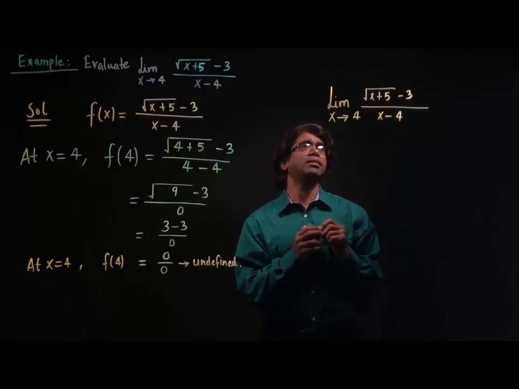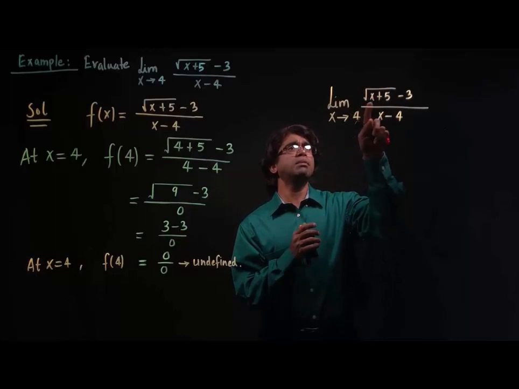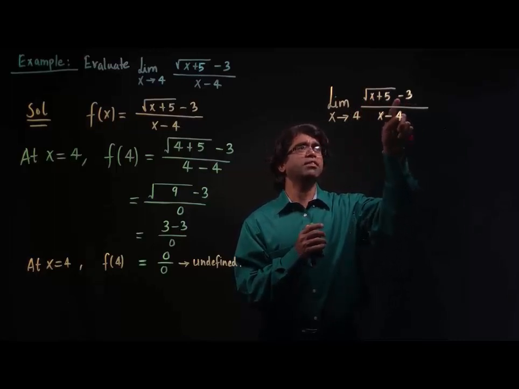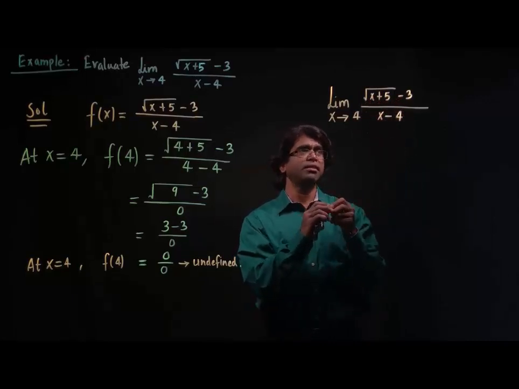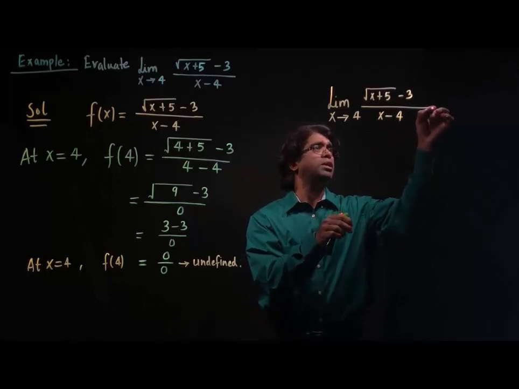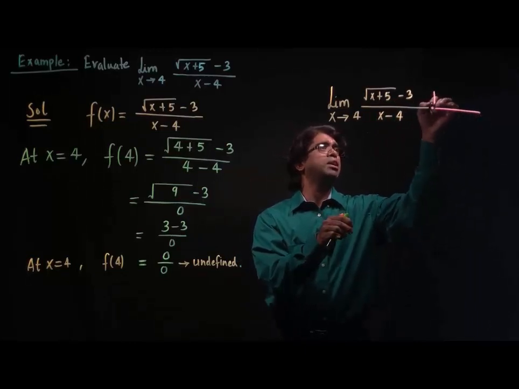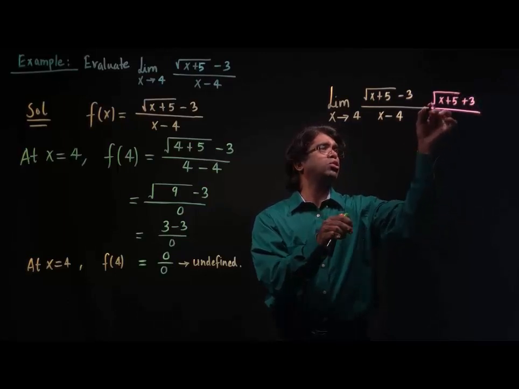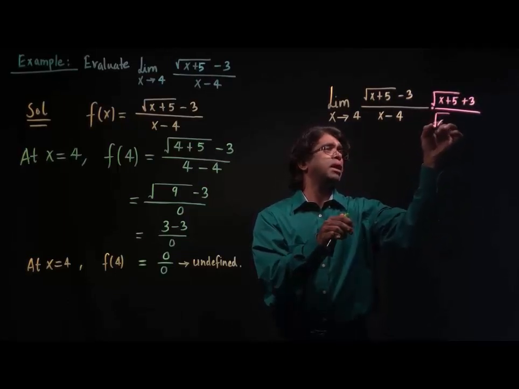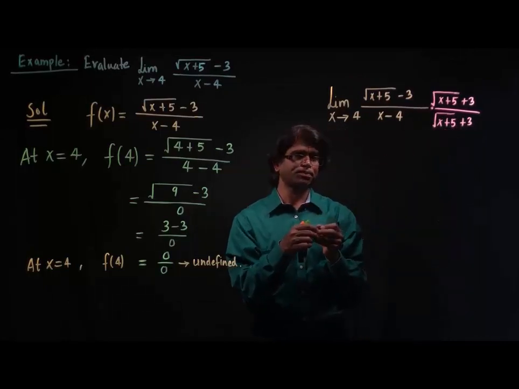To rationalize, I multiply by the same term but with a different sign: I have a negative sign here, so I multiply by the same term with a positive sign. I will multiply both numerator and denominator by the square root of x plus 5 plus 3.